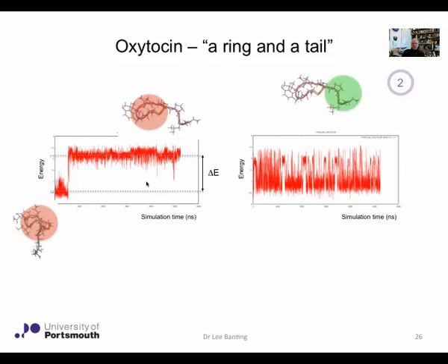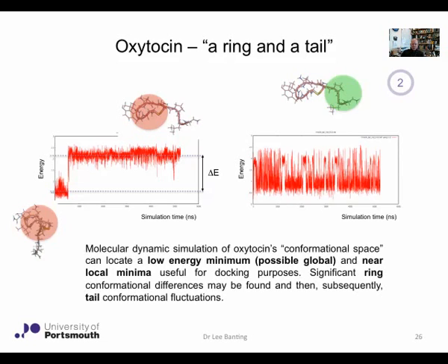We're talking about the oxytocin conformations, and you would have to perform molecular dynamics with this complex system to try and understand its conformational properties, to see if you can locate a global minimum or near local minimum that would be useful for the docking.